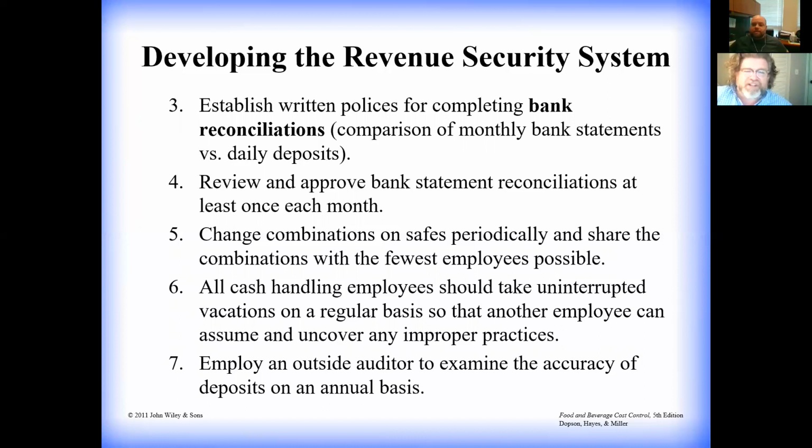Change combinations on your safes. Well, it's not just your safes. A lot of people, the reason they get their computer hacked, and I use air quotes on hacked, is usually it's just because they're too dumb or lazy to come up with a decent password. They might write it down and put it on their monitor, or not even change it from the standard password that was on the system or on the safe.